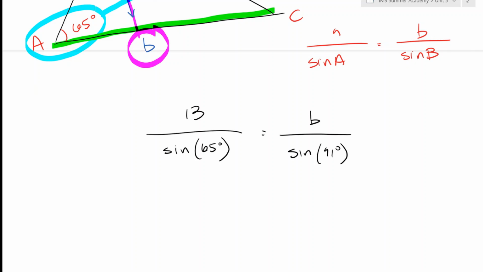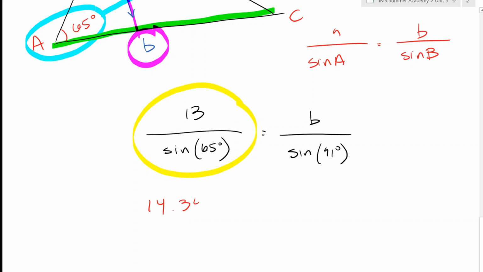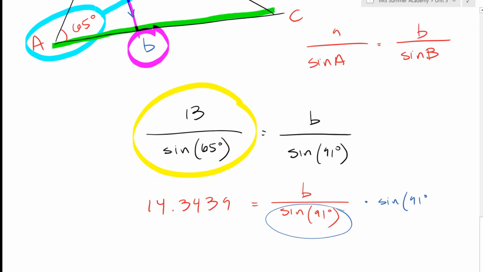And again, this part over here, we'll go ahead and put in the calculator. 13 divided by the sine of 65 degrees, that comes out to 14.3439 equals b over sine of 91 degrees. Again, I can make this sine 91 degrees into a decimal right now, or we can leave that all for the calculator. If I multiply this side by sine 91, one on bottom, one on top cancel, I can multiply it to the other side.